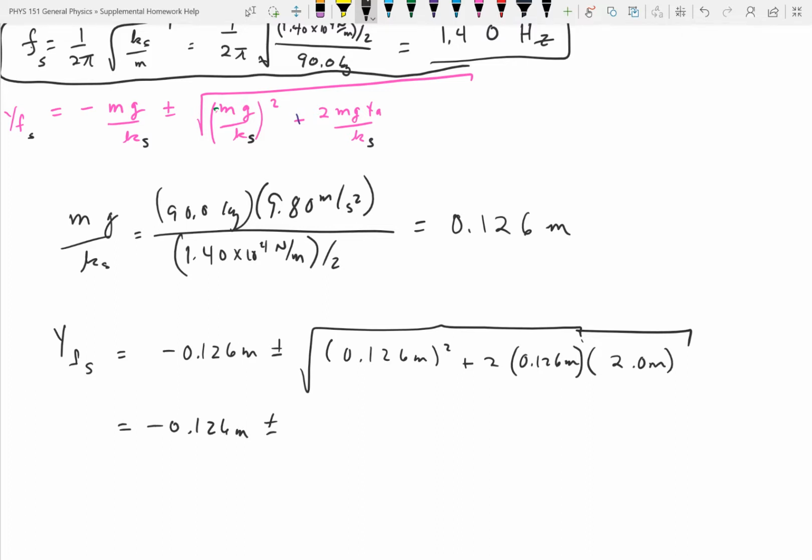And calculate what the square terms are. Okay.